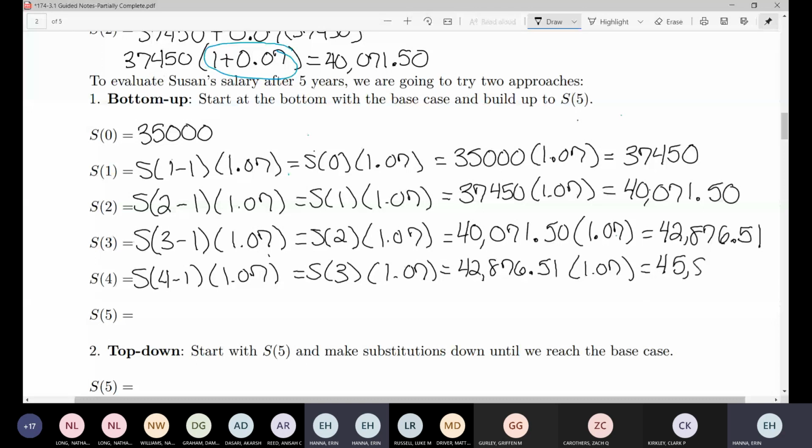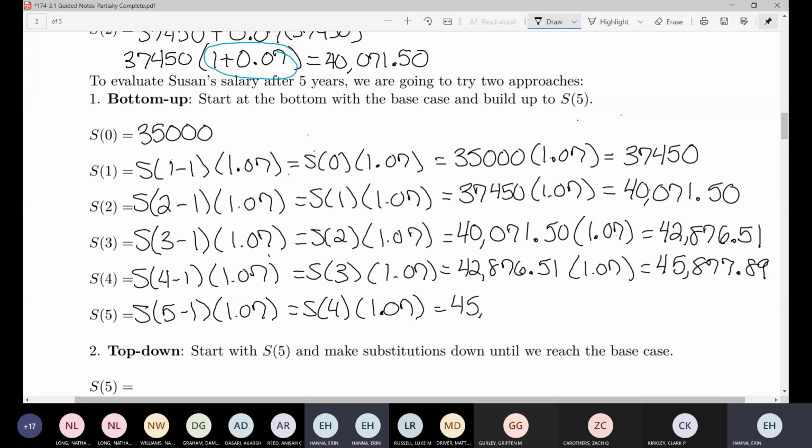So 45,877. Whoa, pen started freaking out. And 89 cents. And then S of 5 minus 1 times 1.07. So S of 4 times 1.07. So 45,877.89 times 1.07.